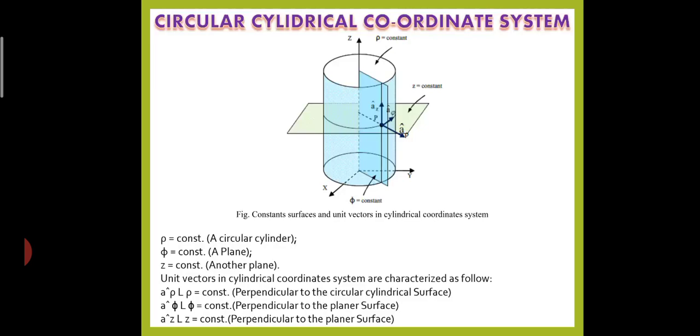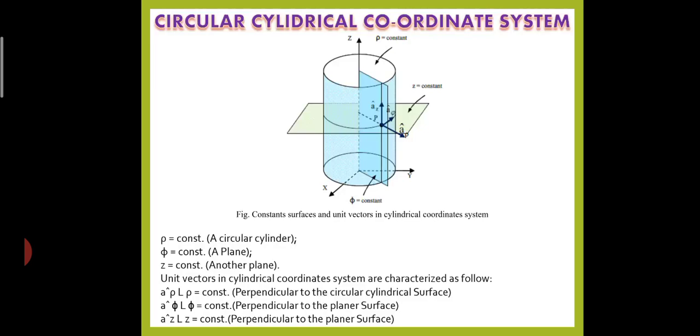See in the figure, in the circular cylindrical coordinate system a point P can also be identified as the intersection of three mutually perpendicular surfaces as follows. Here rho is a constant, a circular cylinder, phi is a constant plane and z is a constant, another plane.